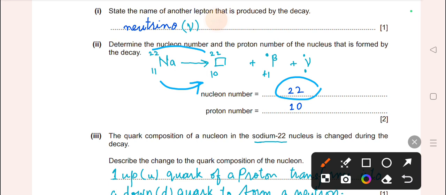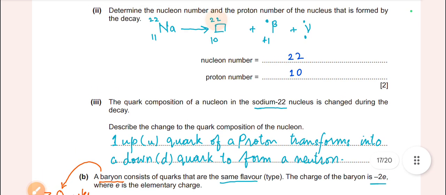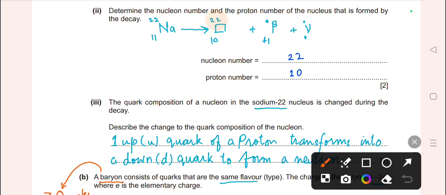Next, the quark composition is changed during this, so describe the change. For positive beta, you have to learn that a proton is actually changing into a neutron. The proton is made up of two up and one down quark.